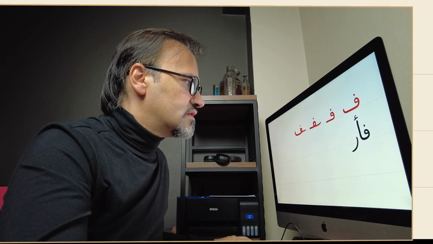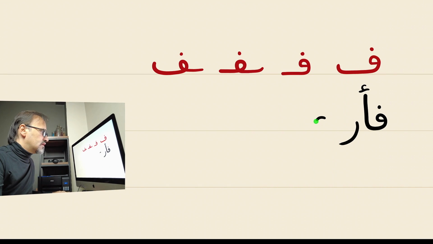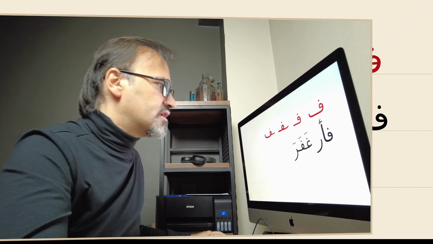Now, another word is ghafar. Ghafar means to forgive. Gha. We just took that letter. Fa. R. If we put the diacritical marks, it's Gha, Fa, Ra. Ghafara. Okay, which means he forgave.